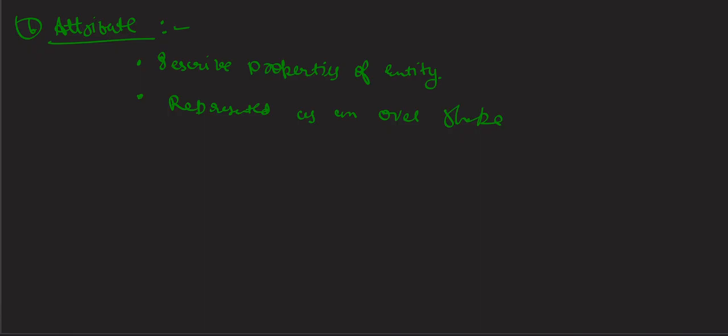Okay. ओवल शेप से इसको जो हम लोग रिप्रेजेंट करते हैं. And let's look at an example: a student has attributes like roll number and age.